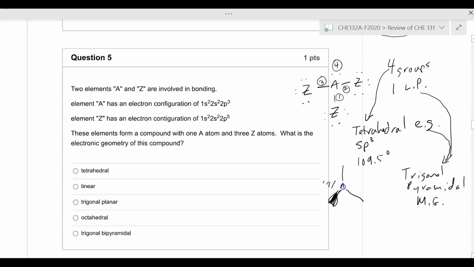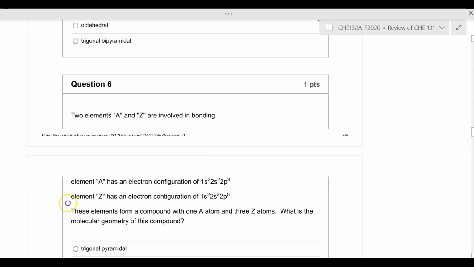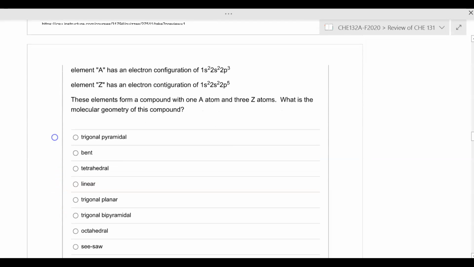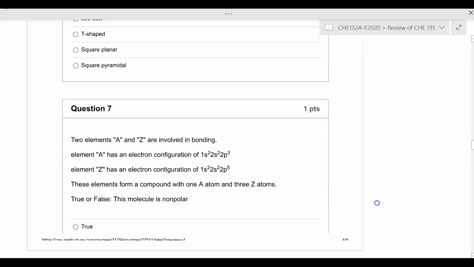So we've got A, Z, Z, Z, and then this is the lone pair. If you look at how the electrons are distributed around A, it's a tetrahedron. If you look at how the atoms are distributed, it looks like a 3-sided pyramid because of the effect of the lone pair on top. So this is asking electronic geometry. The correct answer is tetrahedral. On the next problem, we're asked what's the molecular geometry, and that's trigonal pyramidal for the reasons we just said.